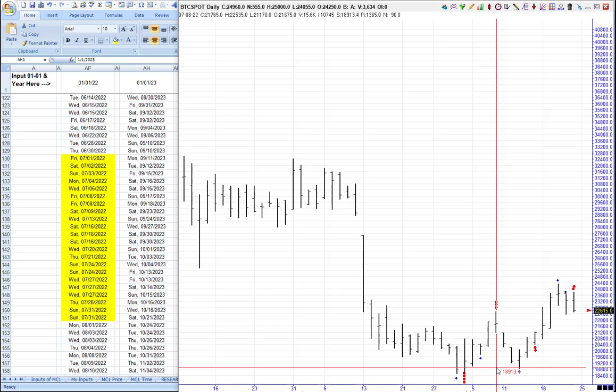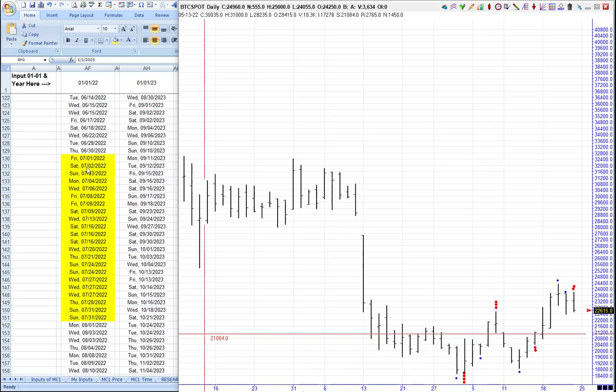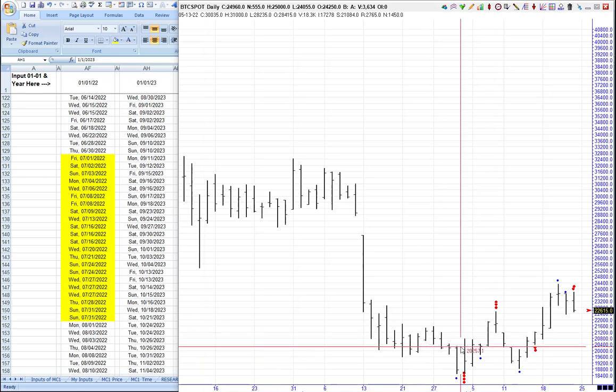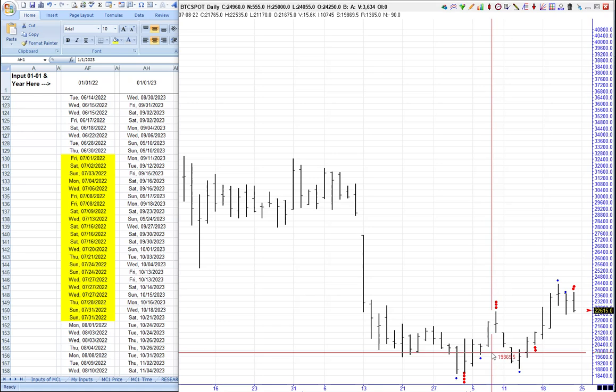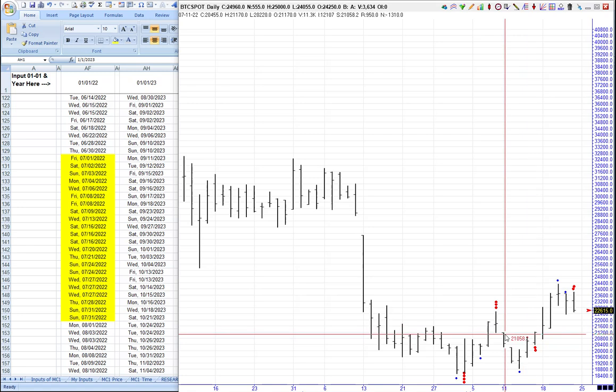So we'll go through this data. Again, this is the data that was spit out from the Masterchart program, and I'll quickly review this day by day.